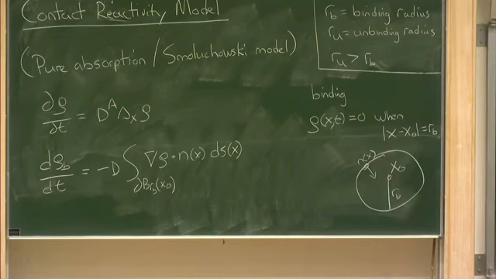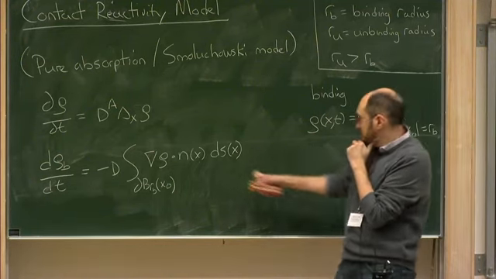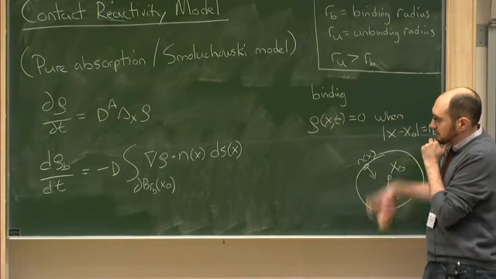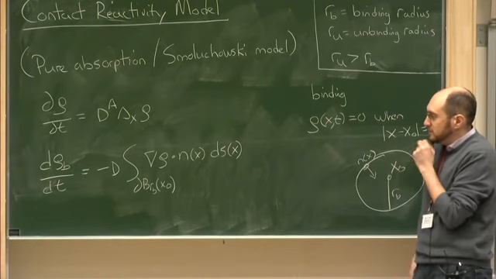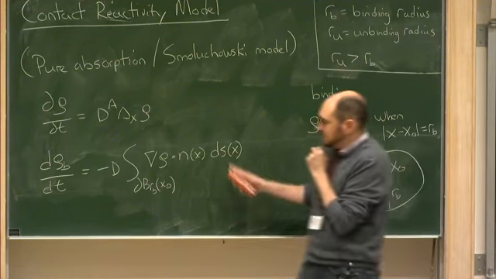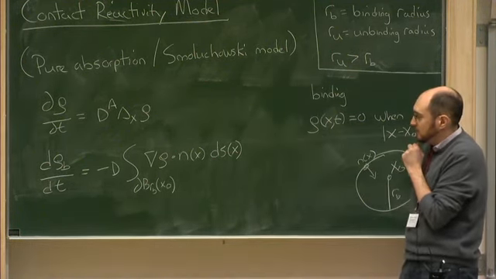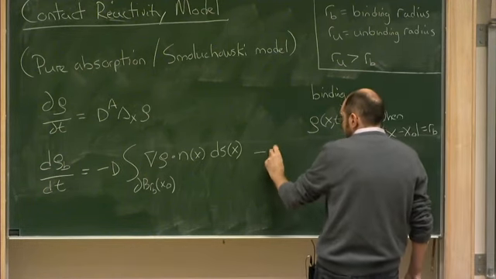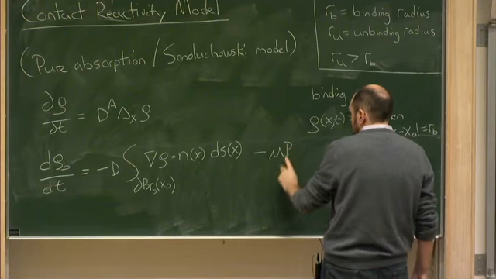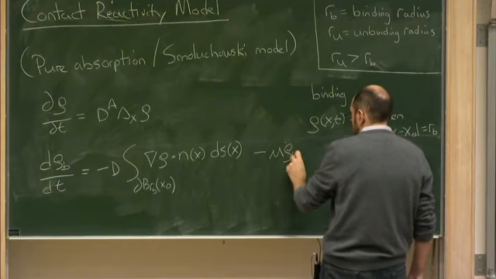So all this is the total diffusive flux into the reactive sphere. So that gives me the probability per unit time I bind. I just calculate the total flux into the sphere, because as soon as I hit the boundary of the sphere, I bind.